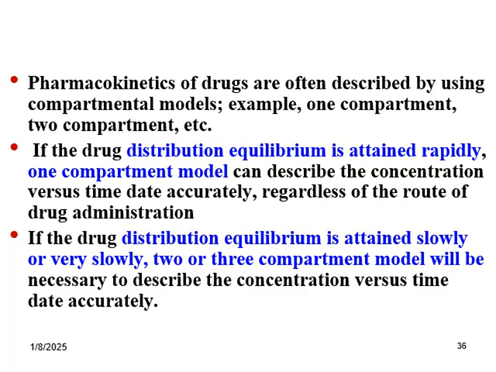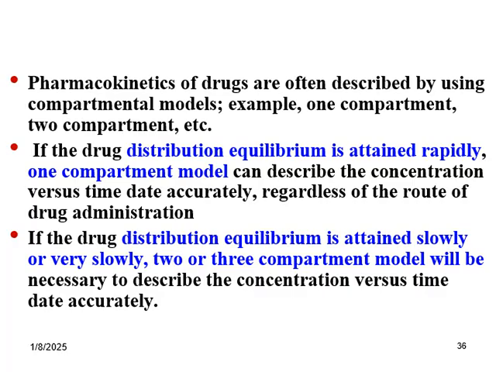If the drug distribution equilibrium is attained rapidly, because like we put a gas in a room, okay? If only one compartment, should be very fast, right? Then, if that is the case, one compartment model can describe the concentration versus time data accurately. Because we need rapid, right? If not rapid, not one compartment model. Regardless of the route of drug administration. Don't need to consider that.